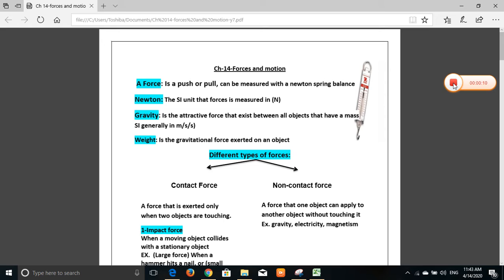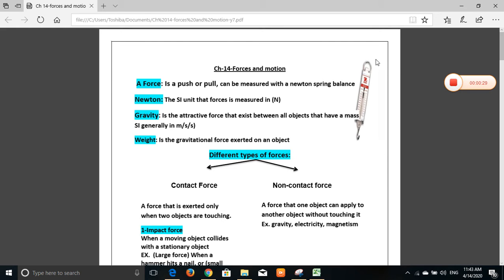All of you know we can't see force, but you can see what it does. Yes? What is meant by force is a push or pull, and force can be measured with a Newton spring balance.